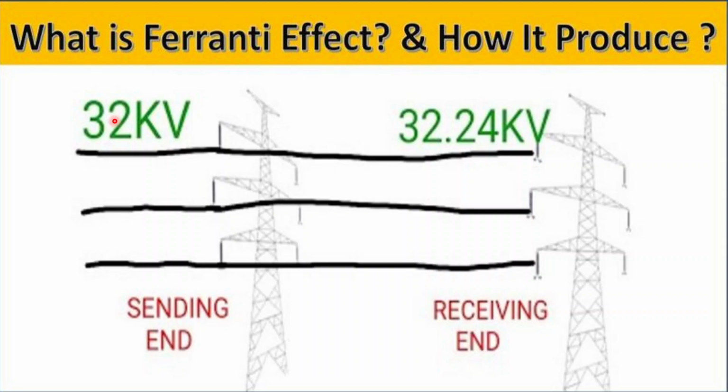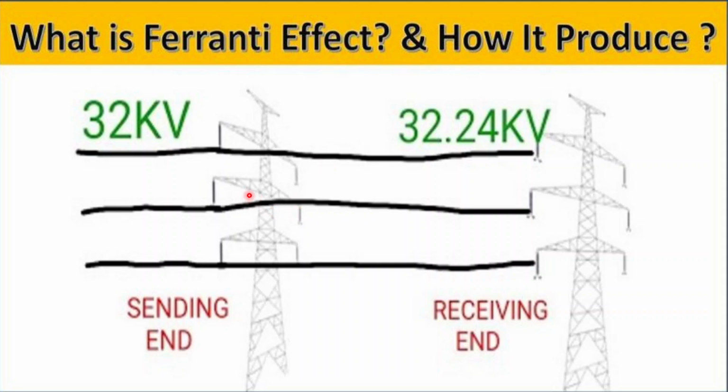This is contrary to the usual expectation that the voltage drops along the transmission line due to resistance or reactance. What are the components used in this diagram?